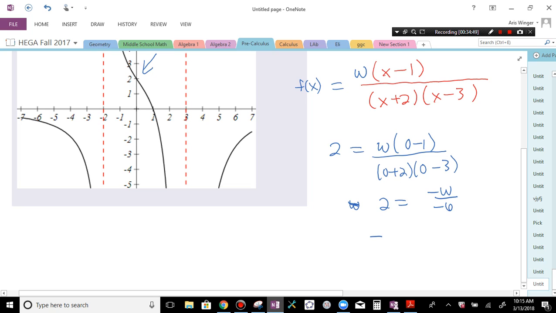Negative 12 equals negative omega. Omega is 12. The function we're talking about is 12 times x minus 1 over x plus 2 times x minus 3.